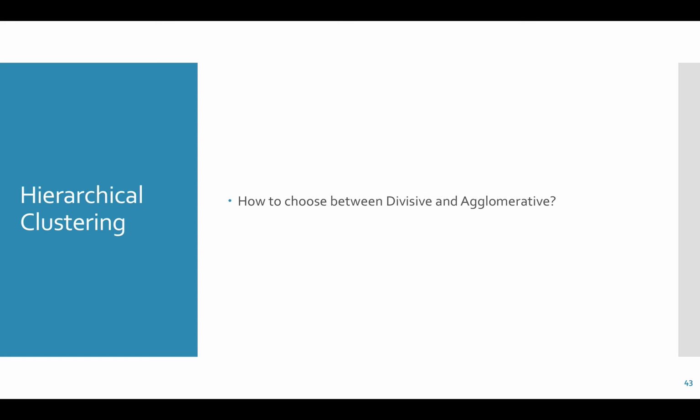How do we choose between these two options? They're both hierarchical, so how do we choose if we want bottom up or top down? Usually it's based on space and time. Most of the time we're going to use a top-down approach instead of a bottom-up approach, because agglomerative clustering can take O of n squared space and O of n cubed time.